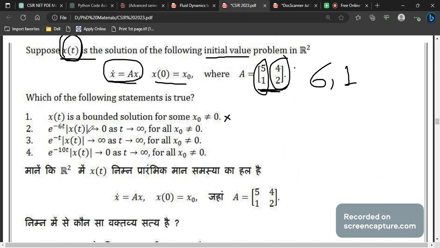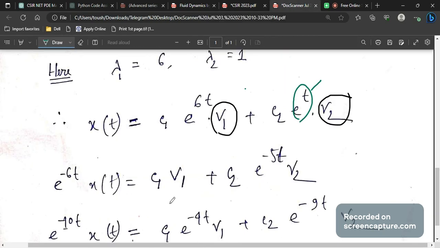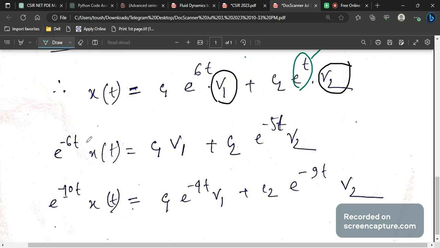Now, the second option says e to the power minus 6t times the norm of x(t), does it tend to 0? Look, if you see e to the power minus 6t times the norm of x(t), what will it be? e to the power minus 6t times e to the power 6t is 1, right?